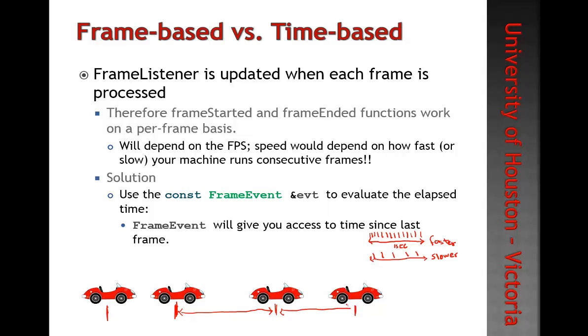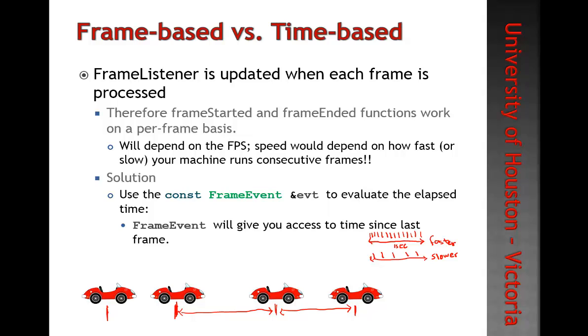If you wanted a very accurate physical simulation, you wouldn't want to use frame-based movement. It would be really useful to incorporate the time difference between when two consecutive frames fired.